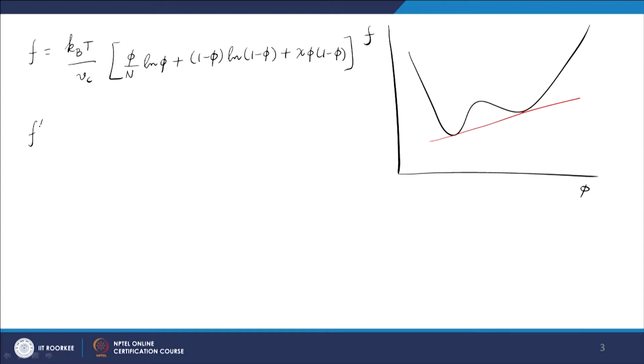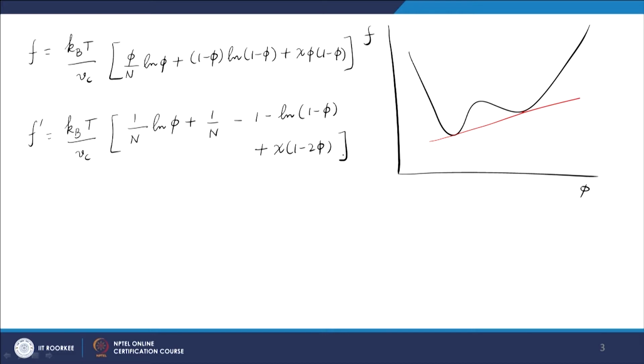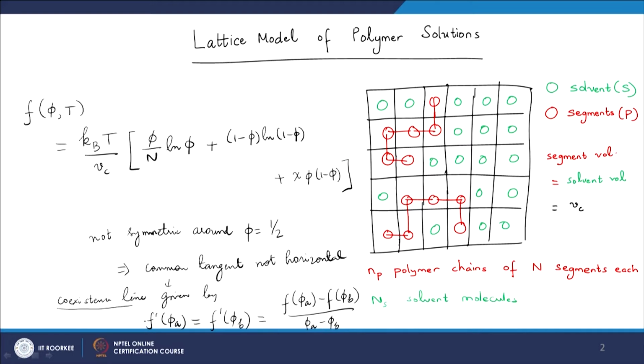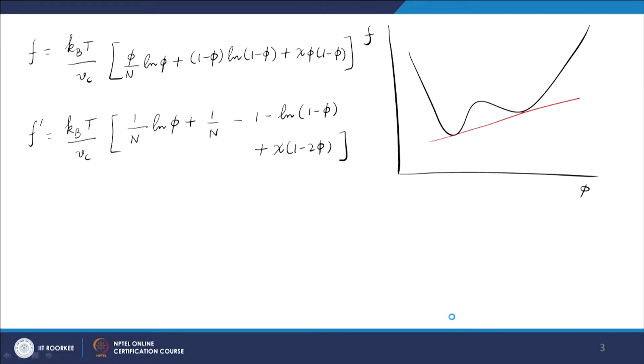So, we can find f prime as 1 by n ln phi plus 1 by n minus 1 minus ln 1 minus phi plus chi into 1 minus 2 phi. Using this expression of f prime and the expression for the coexistence line or binodal, we can get the binodal curve from here. But let us go ahead and try to find the spinodal and critical point.